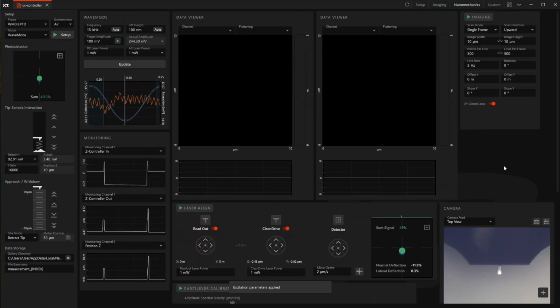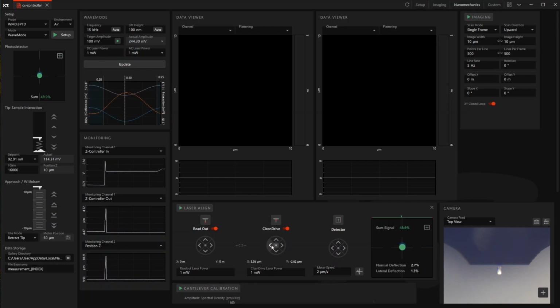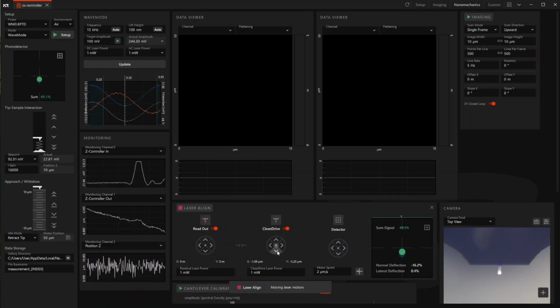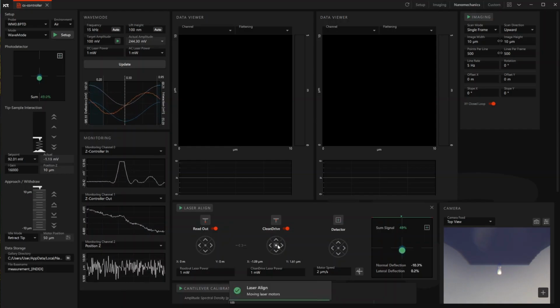I hit apply. I want about 25 nanometers of oscillation, but before adjusting the laser intensity, I'm going to adjust the laser position. Here I look at the cell controller ring, which is basically the interaction amplitude, and I'm going to try to minimize it.